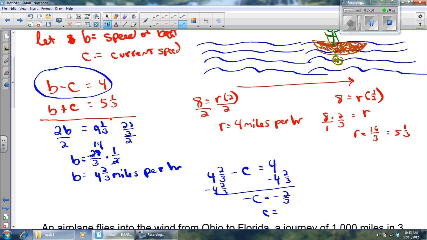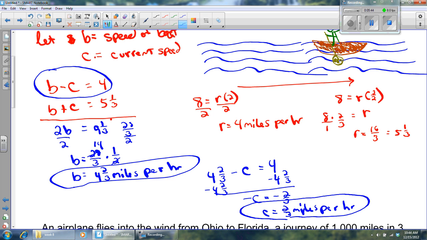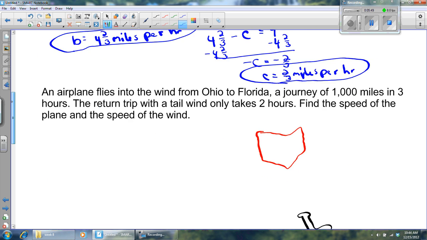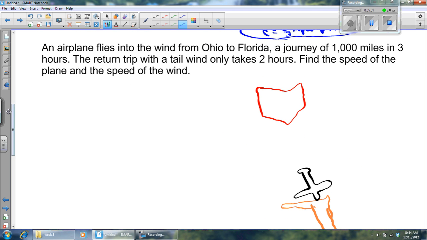So C equals 2/3 miles per hour. Not a very strong current at all. But there's the boat speed, and there is the current of the river. The next one I'll do using decimals, just to show you it doesn't matter. I want you to be well versed in both.